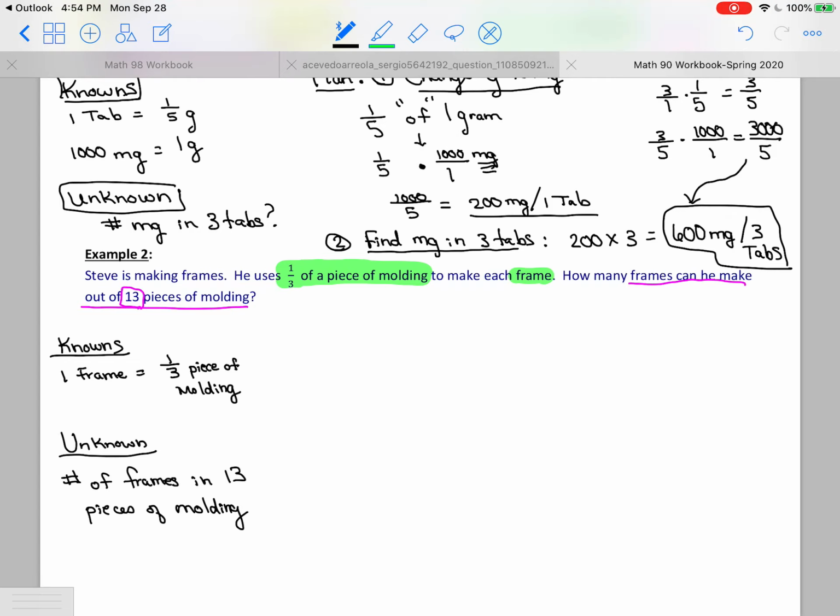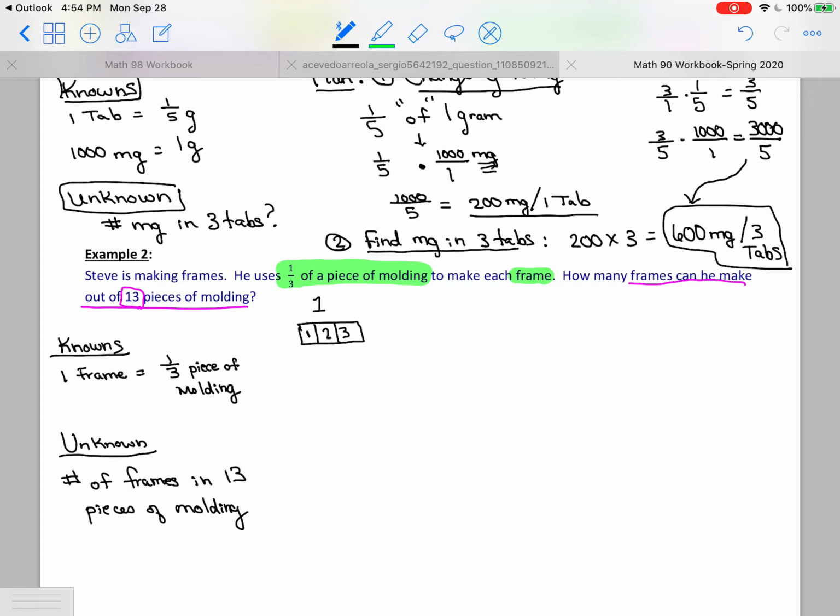All right, now, how about a sketch? Does a sketch make sense here? Well, it kind of would. In this particular case, I think it really would. So let's think about this. If we have a piece of molding, right, and we know that 1/3 of it will give us 1 frame. Okay, there's another frame, and there's another frame here, right?